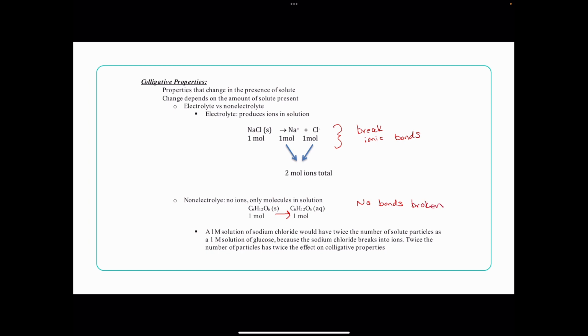Instead, what we're looking at with that sugar molecule is molecules stacked on top of one another that are attracted through those partial charges. So what's happening here is we are breaking the attractions, breaking the intermolecular forces, but we are not breaking bonds.